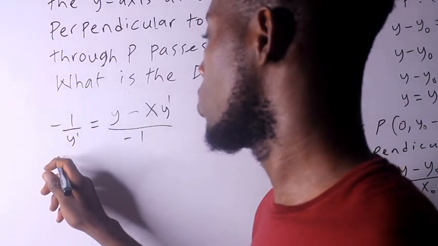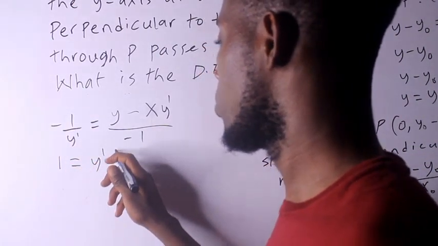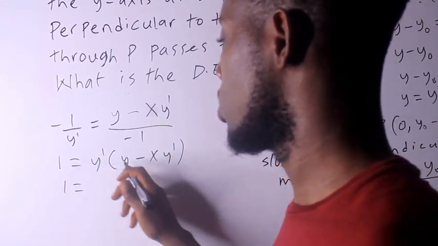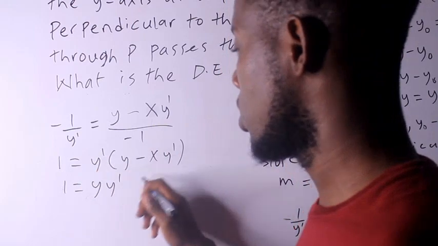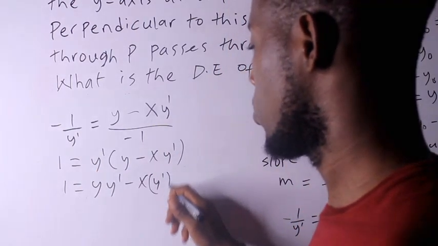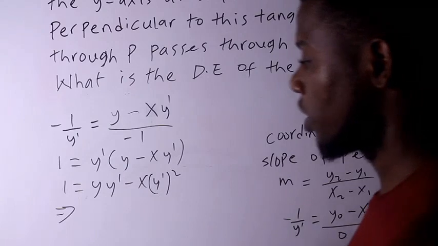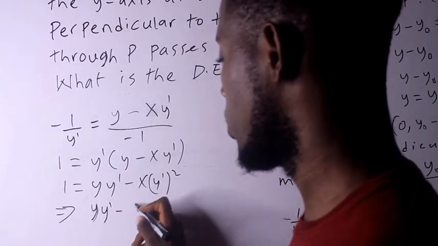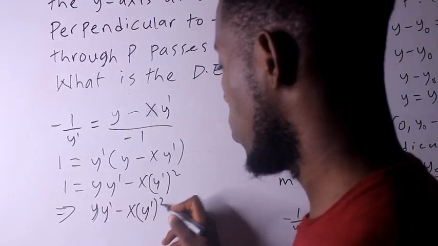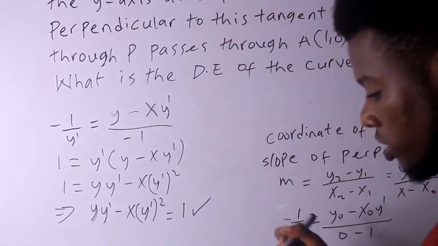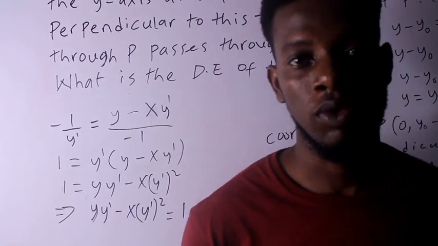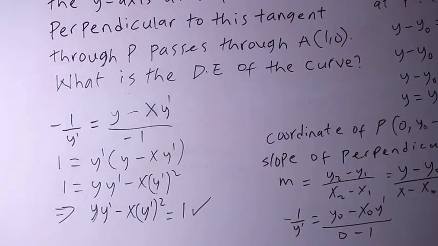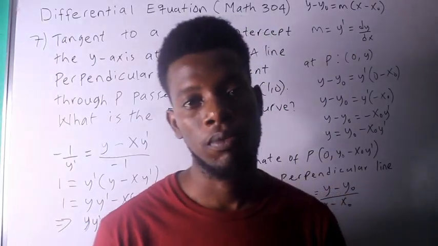This time this is 1 equals y prime times (y minus x y prime). So we have (y prime)(y minus x y prime), which equals 1. And this, ladies and gentlemen, is the differential equation of the curve described in the problem. Thank you and see you soon.